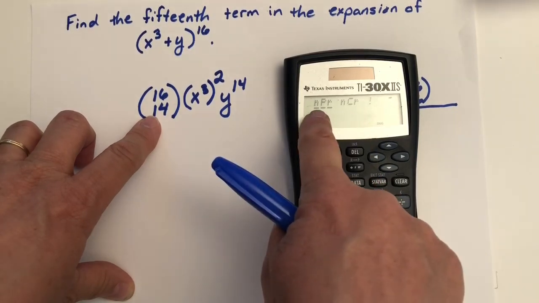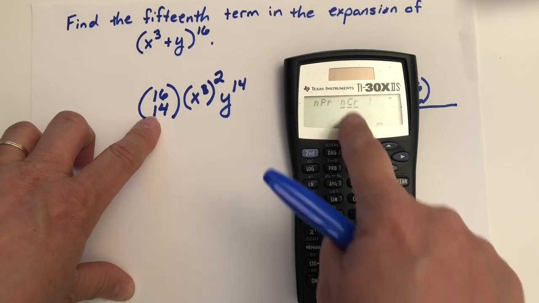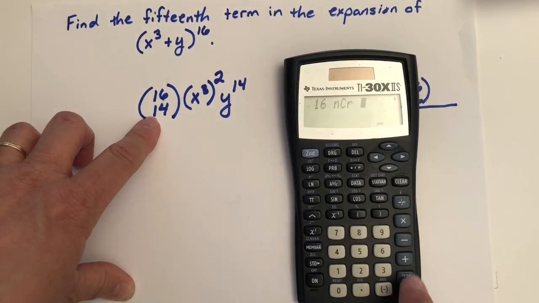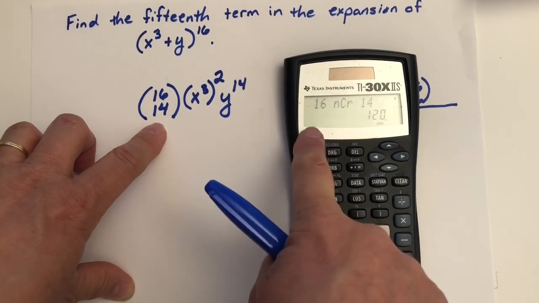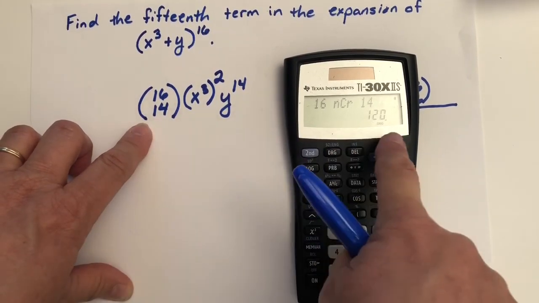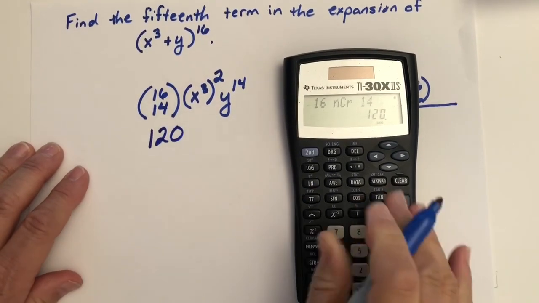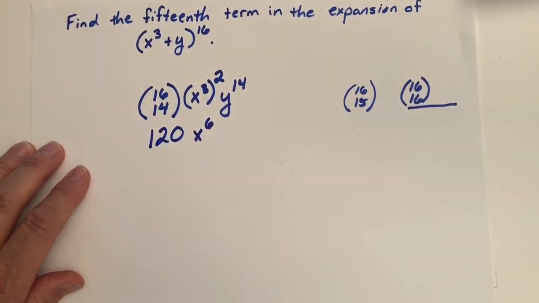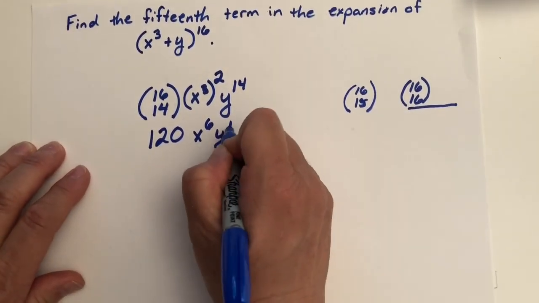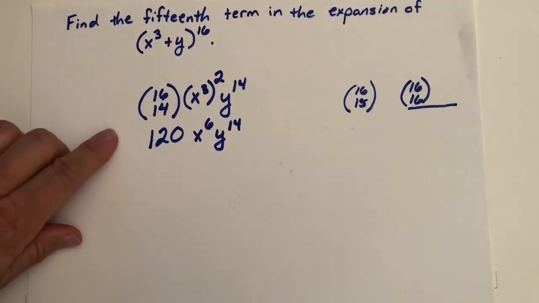Don't use your NPR, that's something else. NCR, that C is for combination, and then we need 14. So this 16 choose 14 is just 120. So I would have 120 x to the 6th, y to the 14th, and we have the 15th term in the expansion of this binomial.